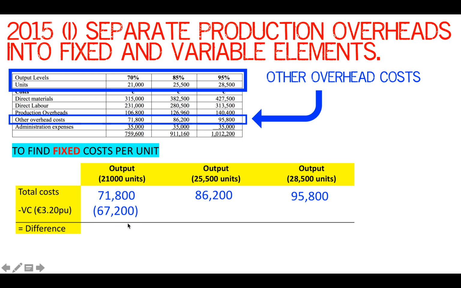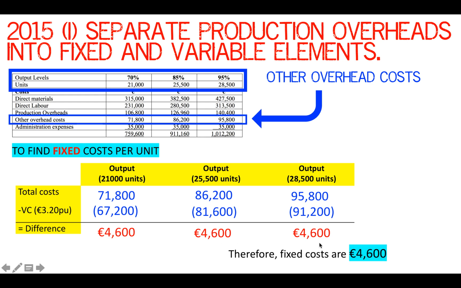So 25,500 multiplied by €3.20 is 81,600, and 28,500 multiplied by €3.20 is 91,200. When we take all of those away, we should hopefully get the exact same figure going across the board, and we've gotten 4,600 across the board. So that is our fixed costs: 4,600 there.